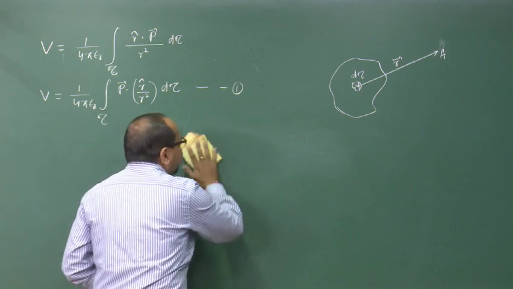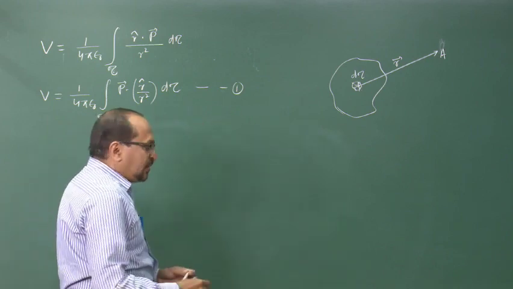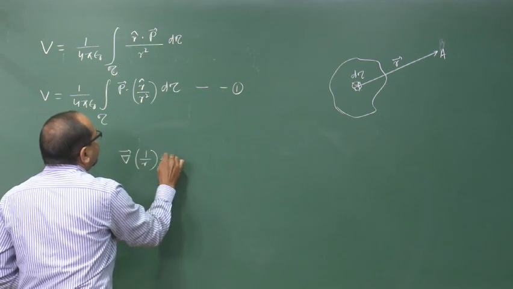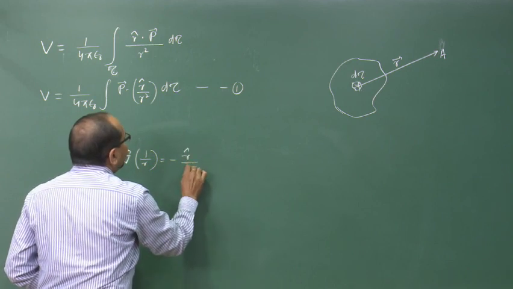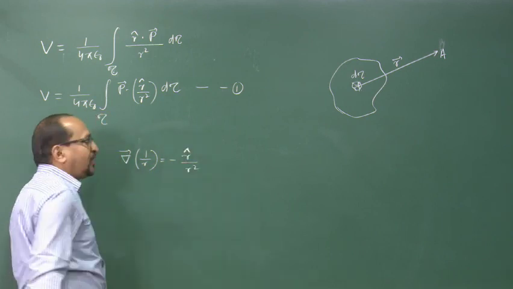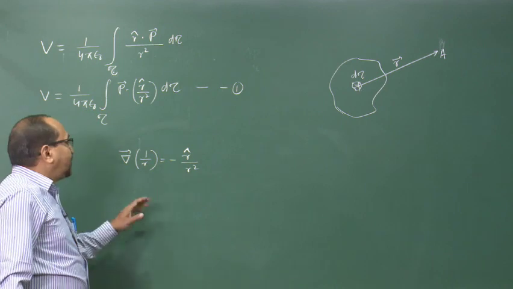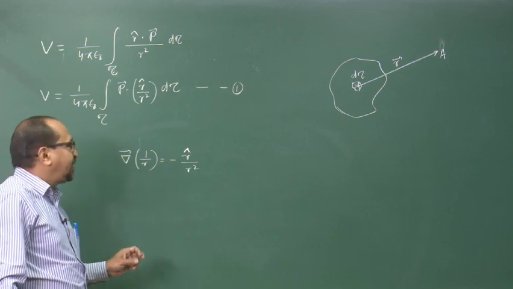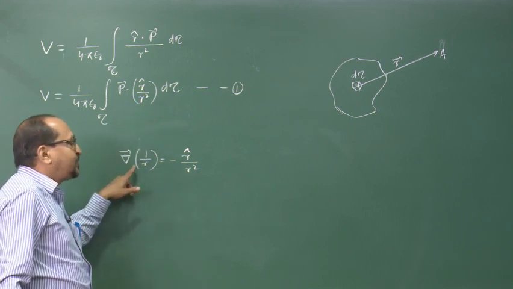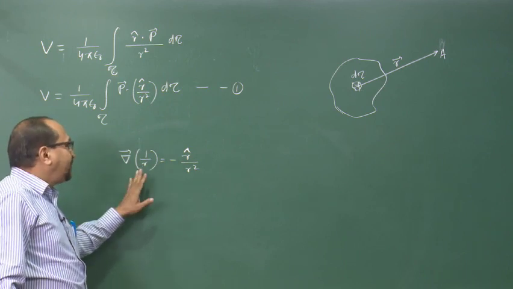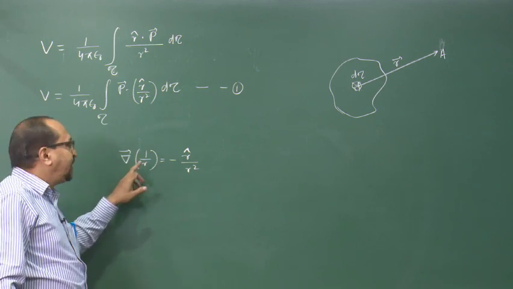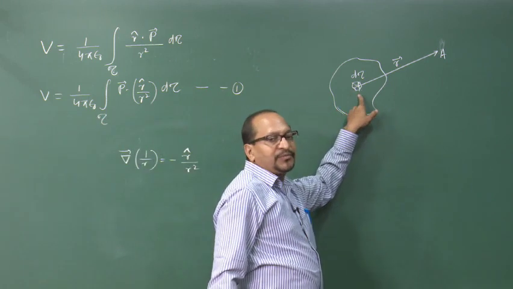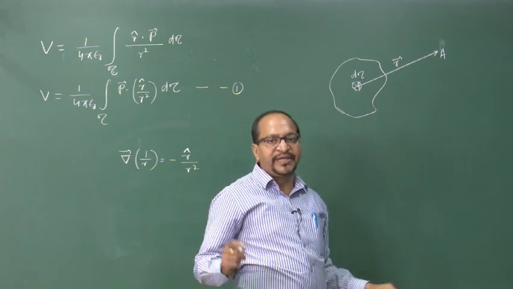From vector algebra, we know that gradient of 1 by r is equal to minus r cap by r square. This we have already derived before. We have discussed in vector algebra that gradient of 1 by r is equal to minus r cap by r square. So, this r cap by r square should be replaced by minus gradient of 1 by r. But remember, while taking the derivative here, it is the derivative with respect to the origin, but here the derivative is taken with respect to the source charge, therefore the direction of r is reversed.